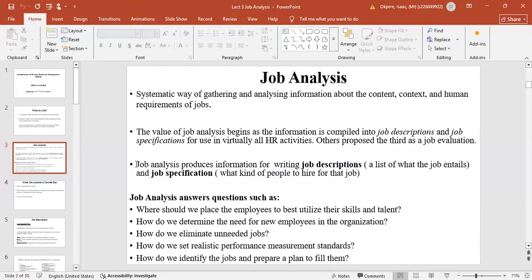Five, it answers the question of what jobs are not needed in this organization. What type of jobs are not needed in this organization? And then the last one, it answers the question of what responsibilities you are supposed to perform.